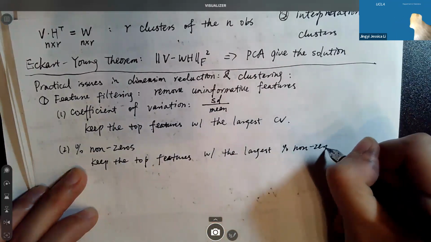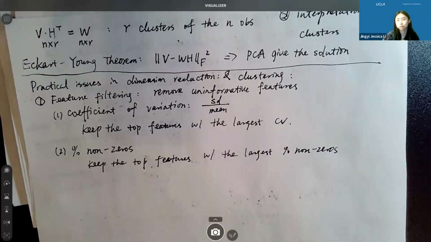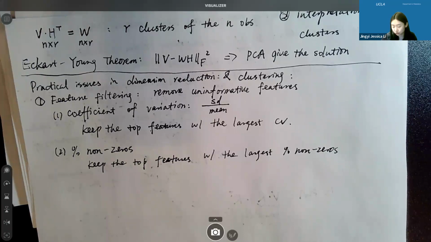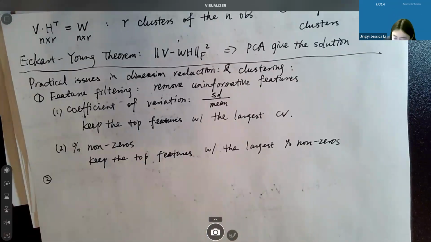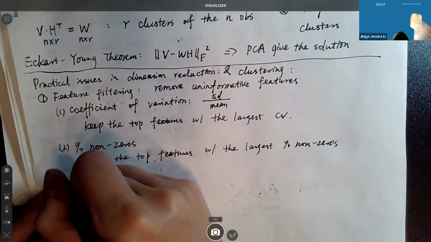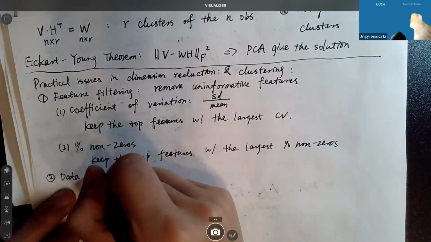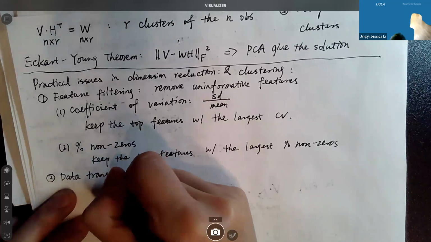That's commonly used for single cell data, because if a feature just has all zeros or 99% of zeros, it's barely useful. So you don't want to keep them. These are the feature filtering. This step can remove a certain amount of features, so that can, I would say, relieve your curse of dimensionality. And the second thing you may consider is data transformation. This is also related to the question about the non-negativity, actually.